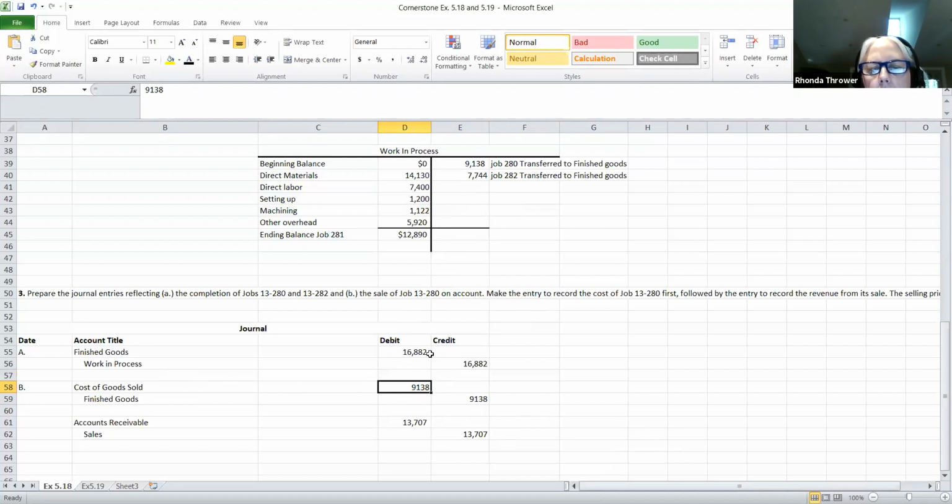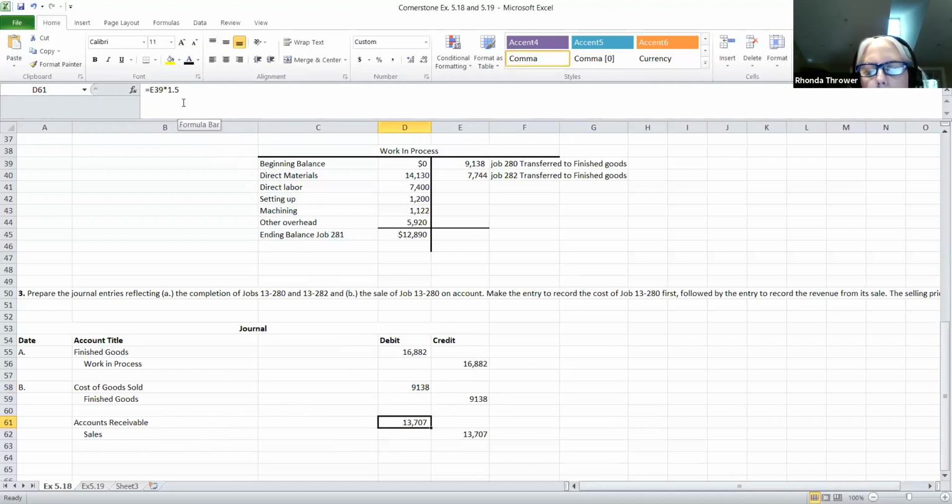And then when you have sold the item, you get rid of your finished goods by crediting the finished goods, and then you would debit the cost of goods sold for what it cost you. There would be a debit to accounts receivable and a credit to sales for the marked up cost. And in this case, the marked up price was 150%.